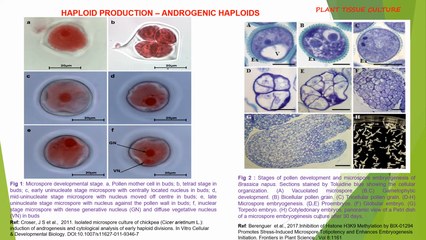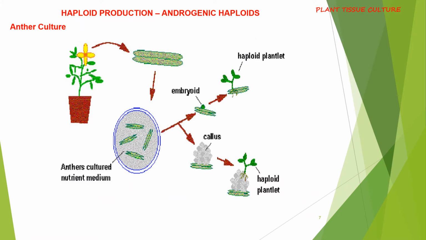It could be heat shocks and cold shocks depending upon the plant used. The second figure shows the different stages of microspore embryogenesis. The figure here shows development of haploid plants by direct or indirect organogenesis.